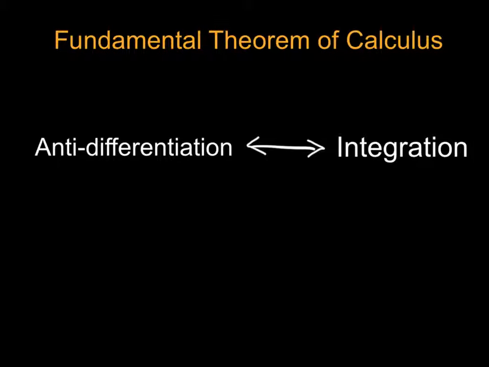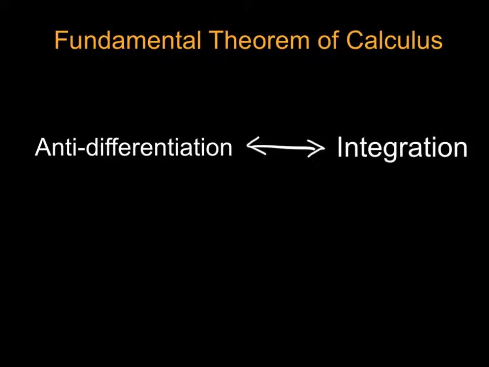So antidifferentiation is working backward, or going in the inverse direction from derivatives. So you work backward from the derivative function to find some other function that has the given derivative. Integration is this process of finding accumulations or finding the area under curves. So it's not obvious that these two would be the same thing, but the fundamental theorem actually tells us that they are the same thing, essentially.